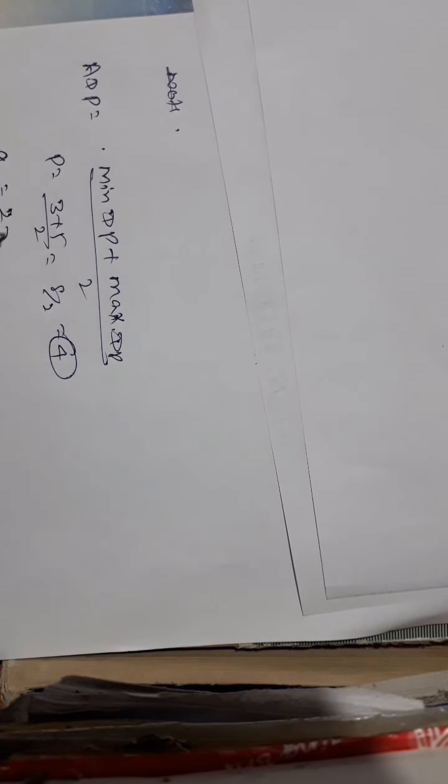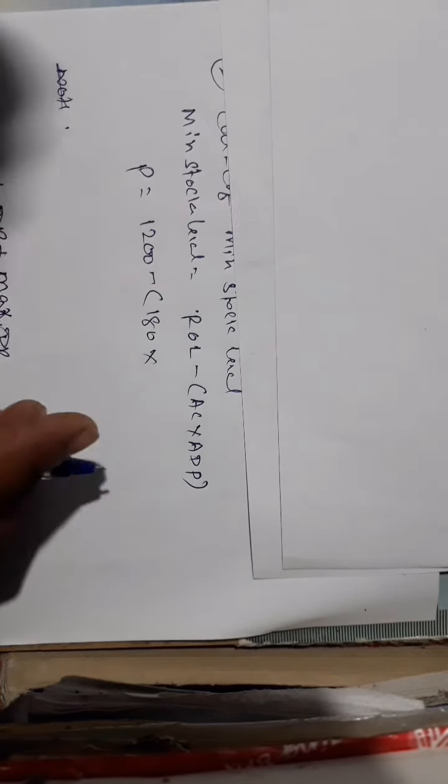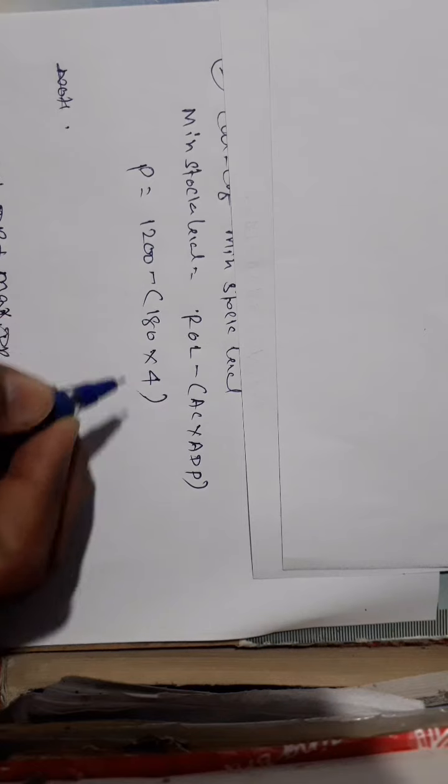Next for Q, they have given 2 to 4 weeks, so 2 plus 4 divided by 2, that will become 6 divided by 2, we got 3 weeks. So for P it is 4 weeks.